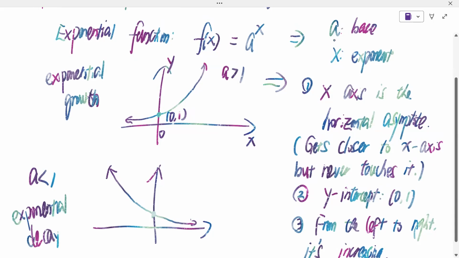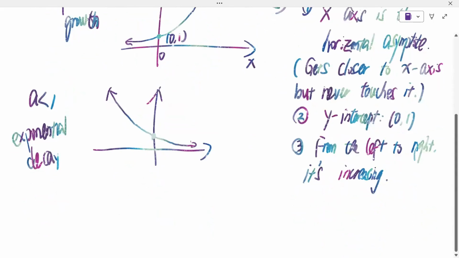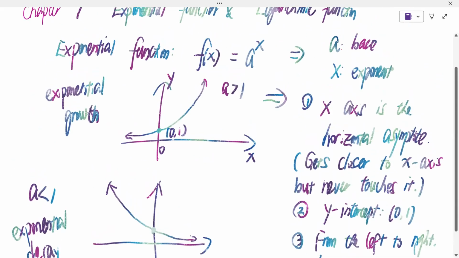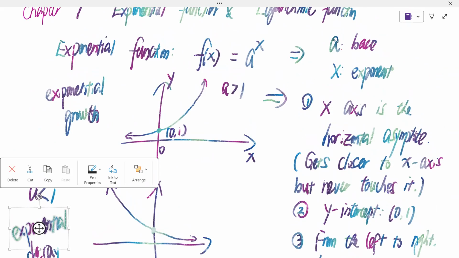And this function has a lot of real applications in real life, like how bacteria grow, right? Bacteria actually grow exponentially, so we can model the growth of bacteria, or any organism in nature, using the exponential function.